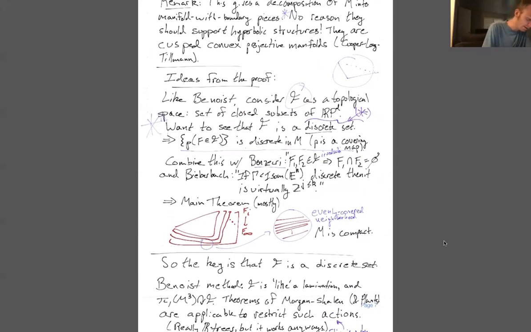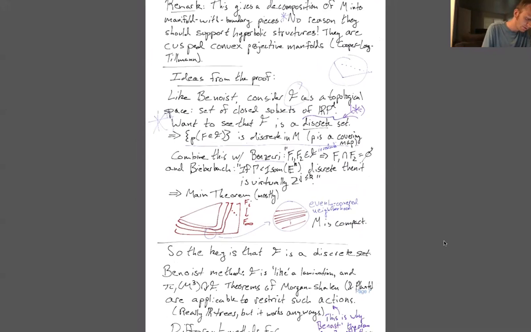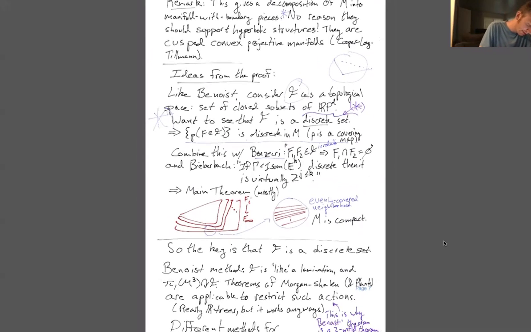Right. Okay, so where were we? The claim is we want the set of flats to be a discrete set, because then we will combine that with this lovely Benzécri fact, which is that the irreducibility of omega tells you that flats actually can't intersect.